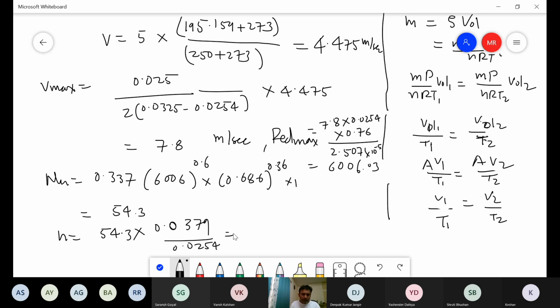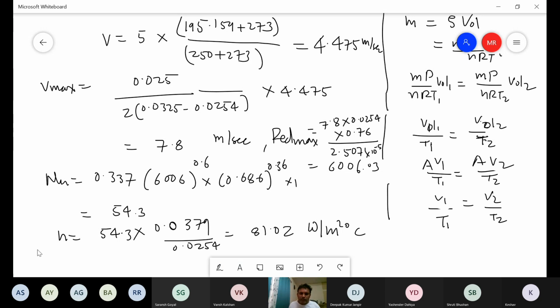Just check whether these values are correct. So this comes around 81.02 watt per meter square degree Celsius. Is it correct? Hello, anybody? Anybody got the values? Yes, sir. Yes.